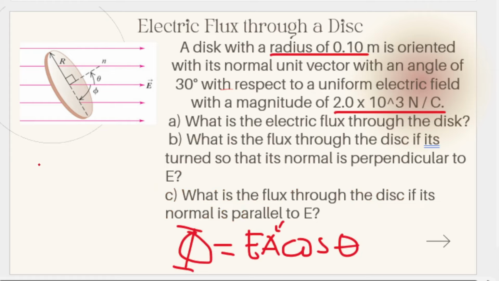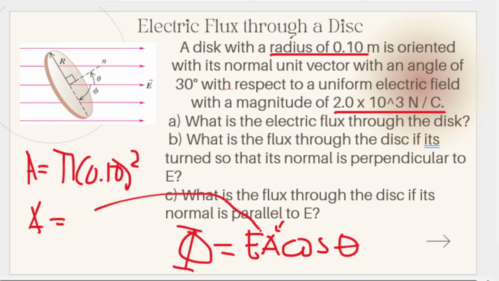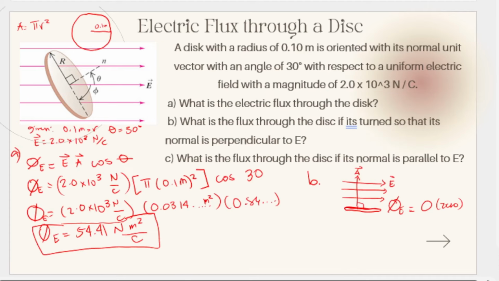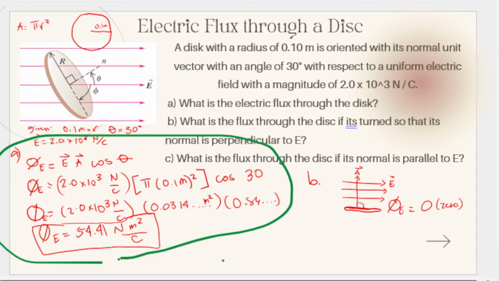So therefore, in getting the A, we need to solve it first by pi r squared, which is pi times 0.10 squared. Okay, so to get A, you then plug it in here. Then your cosine theta, where your theta is 30 degrees. So that is how to solve it. As you can see here, E A cosine theta.